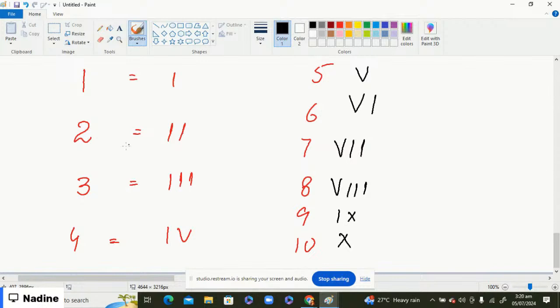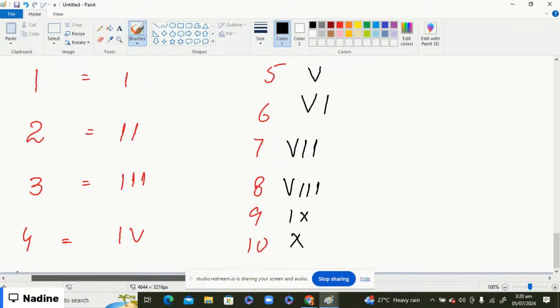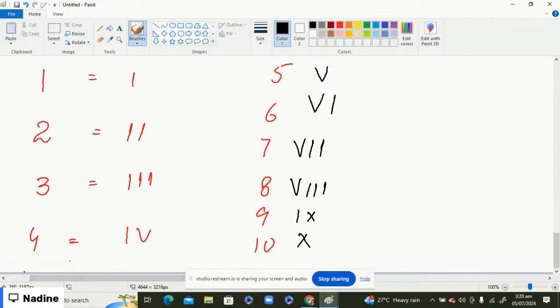For example, now let's find it out. 13. What does it mean? It means that you always split this 13 into two digits. Because we don't know the 13, so how can we write it down? Because we know the 1 to 10. So we can make it 10 plus 3.